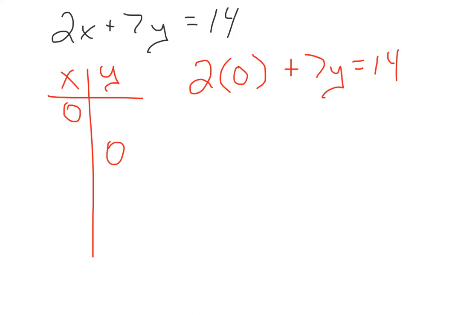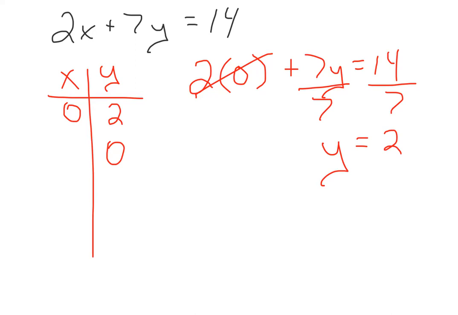Well, 2 times 0 is 0, so I divide by 7, and y equals 2. You entered x equals 2. No, y is the one that equals 2. You plugged in 0 for the x.